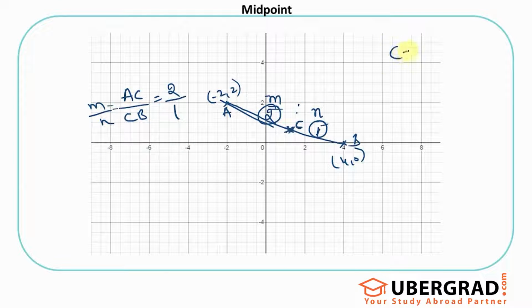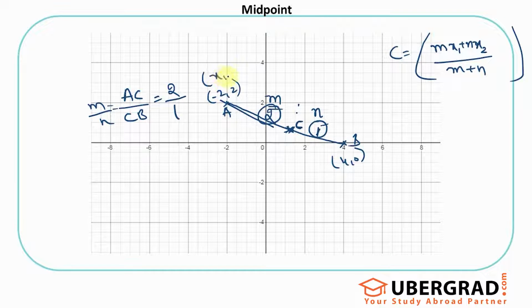The point C coordinates, the x coordinate and y coordinate, will be this: M into x1 plus N into x2 by M plus N, assuming this is (x1, y1) and this is (x2, y2).